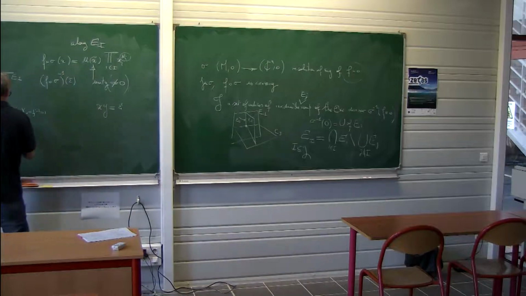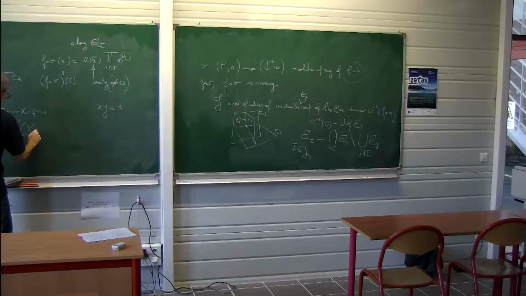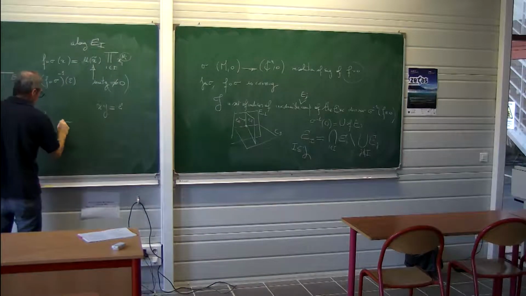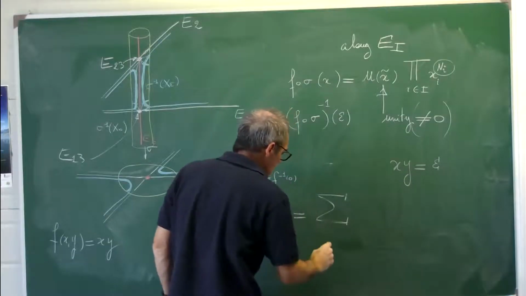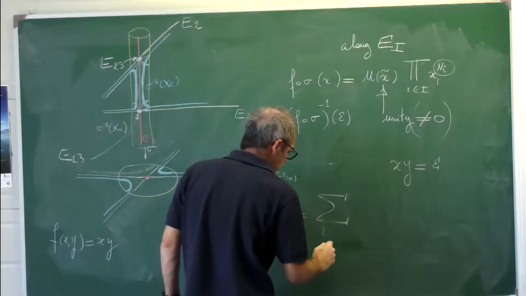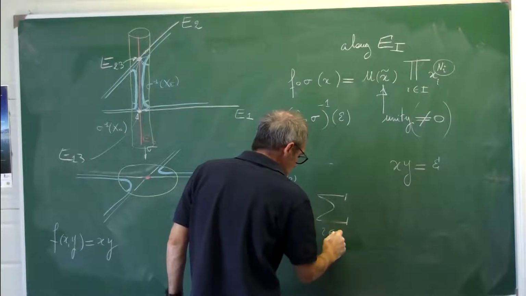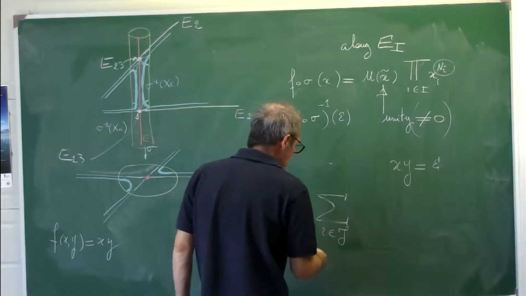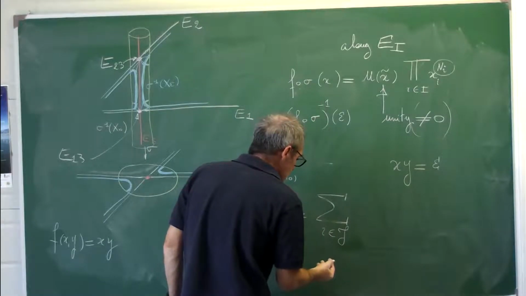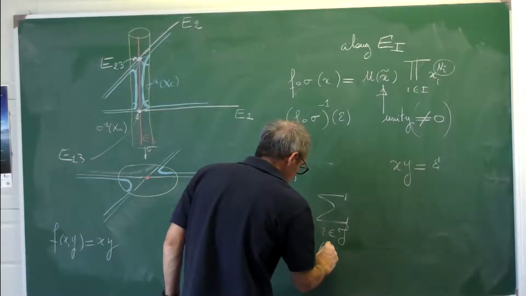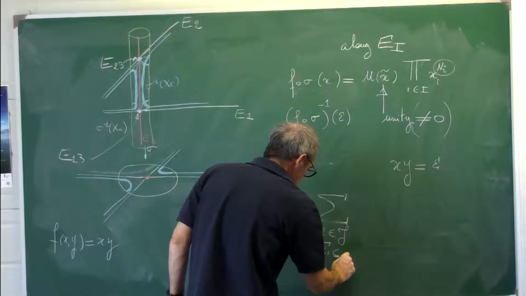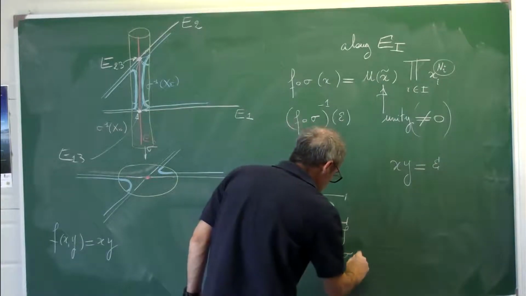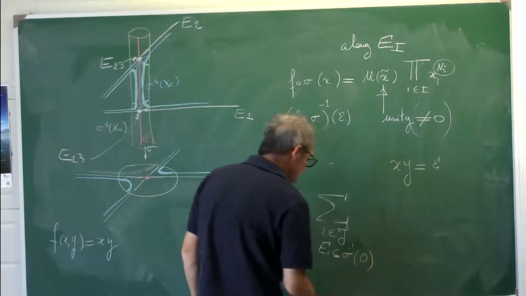So we get that the Euler characteristic of nearby fibers is given by the sum of indices I such that E_I is in the red part, which is a preimage of 0.